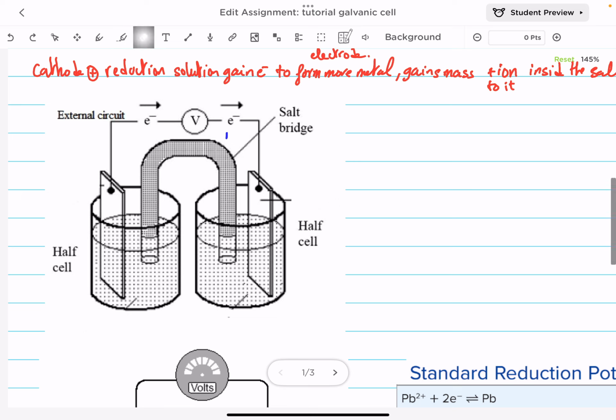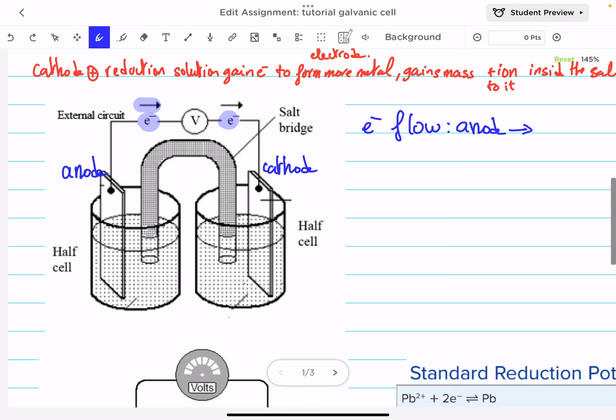Let's look at other examples. So for example, in this one, there are no indications where is the anode and where is the cathode. However, by looking at the electron direction, the flow of electron, I can deduce that this is the anode and this is the cathode. Why? Because the electrons always flow from anode to the cathode.